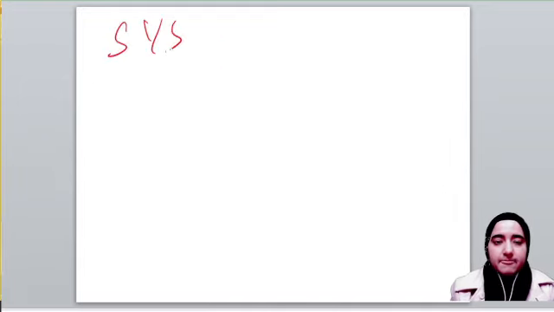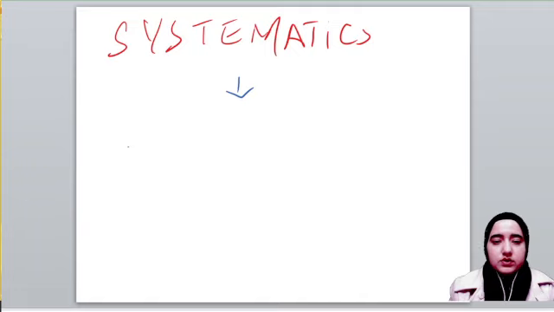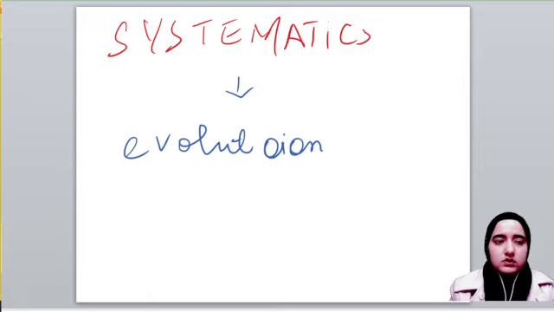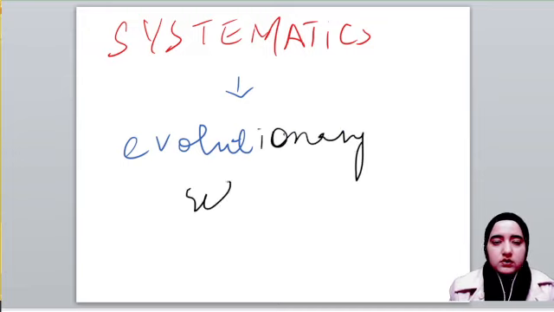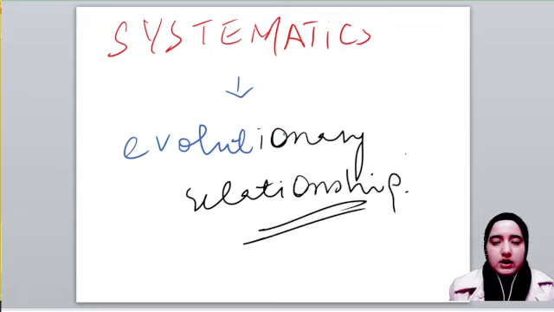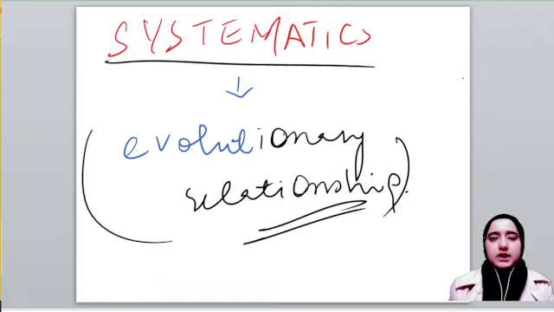Systematics includes evolutionary relationship. Okay, I hope this concept is clear.